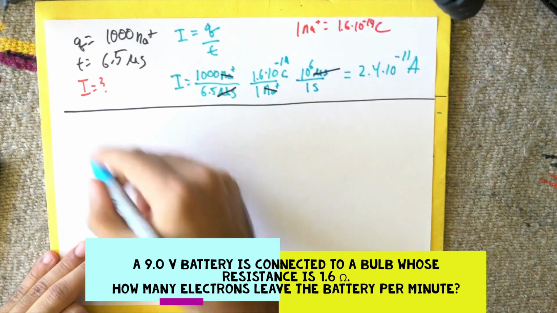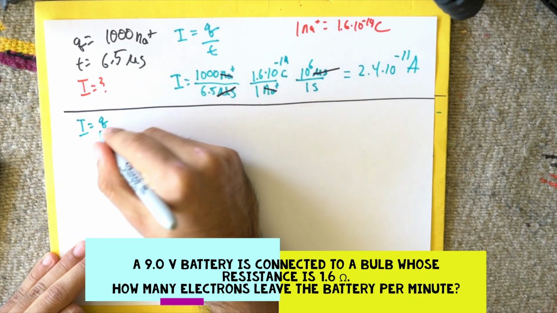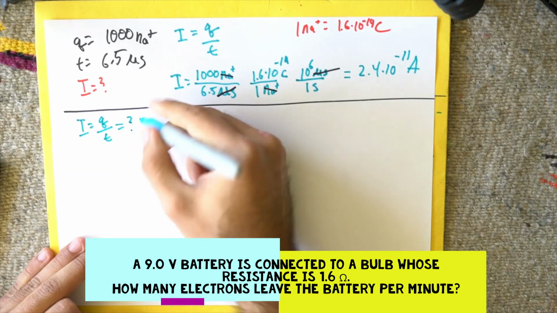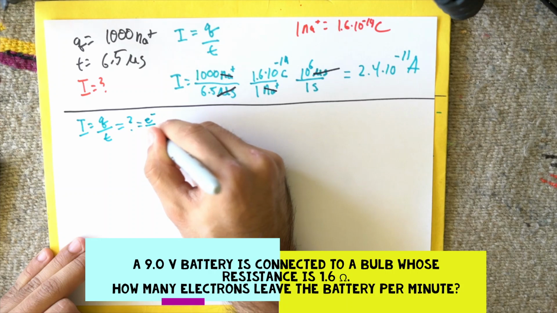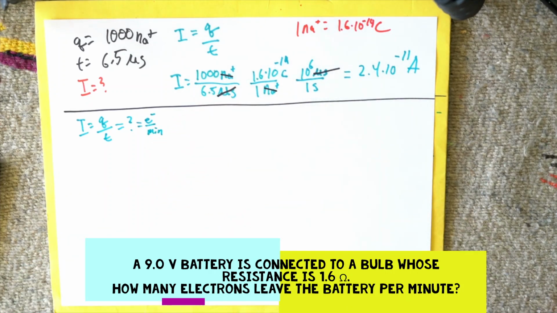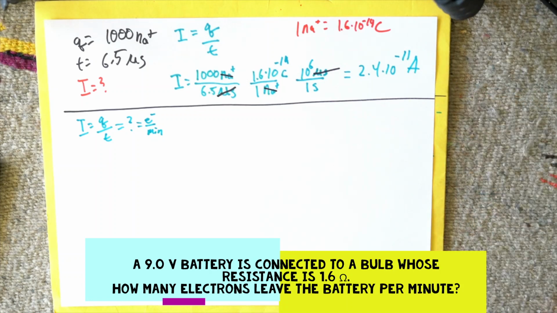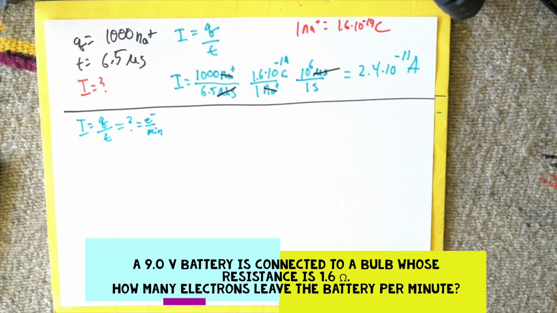Yes, that reminds you of current. It is some type of charge over some type of time. So that is exactly what we're trying to figure out, except we're trying to do it in electrons per minute instead of seconds. Usually we use coulombs over seconds, which gives us amps, but now we're trying to convert amps into electrons per minute, which is a little different.